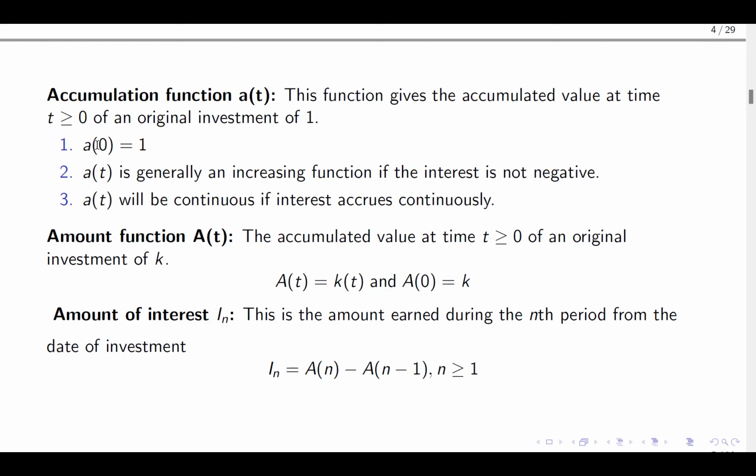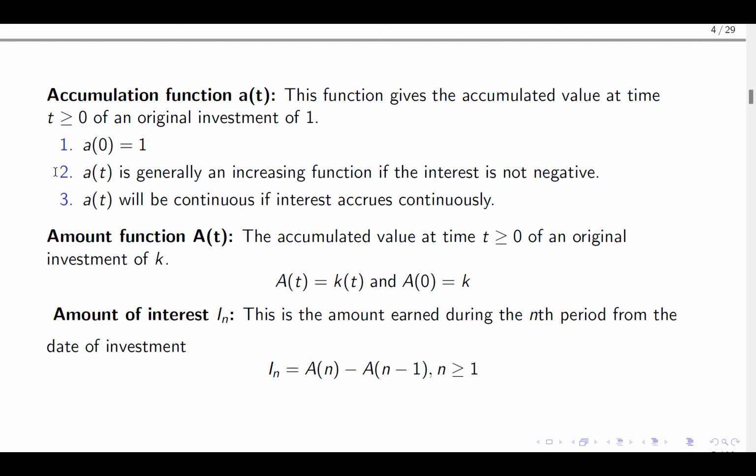Some important aspects of the accumulation function are, first, that a(0) is equal to 1. Because if I invested 1, then my accumulated value at the very start of the investment is 1, because time has not elapsed and no interest has been earned. All right. The second point says that a(t) is generally an increasing function if the interest is not negative.